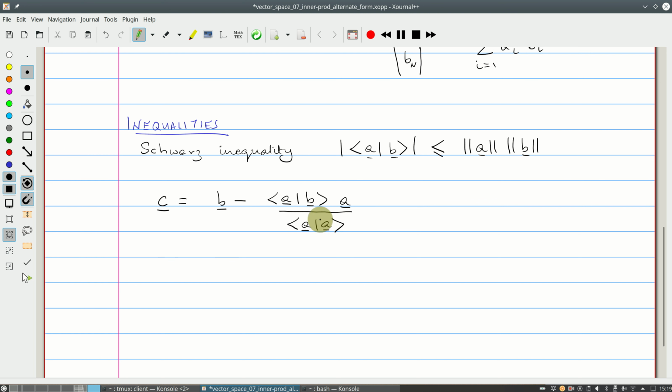Now, this might look a bit odd, but if I wrote it all in its Dirac form, C is equal to B minus A, and this looks quite a lot like the Gram-Schmidt expression we had, except that we've got the inner product of A with itself in the denominator, not the square root in there.